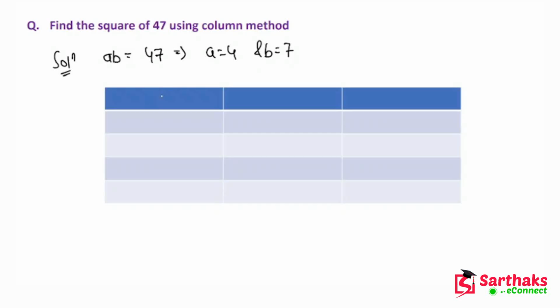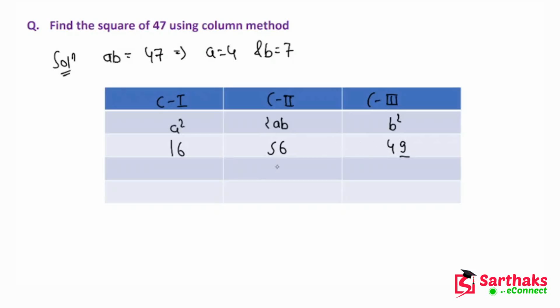Right, now this is column 1, this is column 2 and this is column 3. Okay, this is A square, this is 2AB, B square. So here we have A square, that is 16, 2AB, that is 2 into 4, 8 into 7, that is 56, and finally we have 49.